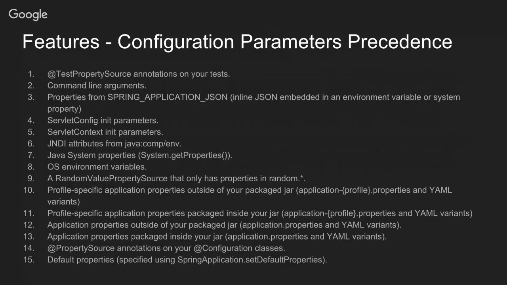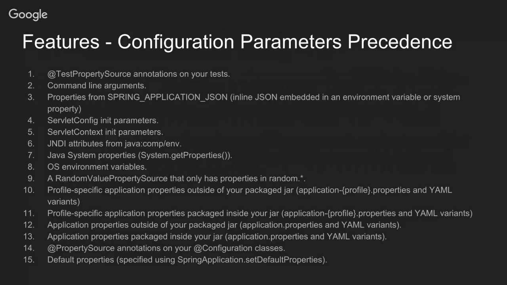So if you have a test case and you define your values in there, those are going to take the highest precedence because you want to run it within the test case phase. You don't want the OS to take over there. You want that to take the highest precedence. In another application, your command line arguments will have the highest precedence. So when you run it and you give the value that it should have, it takes over right there.